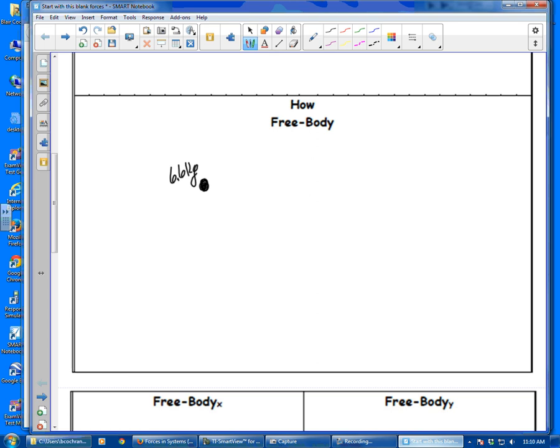I got that by adding 3.3 to 3.3. Then, in my system, I have FT1 up. I have the weight total down. And that's it. Well, that's a pictorial view of sum of my forces equals MA.